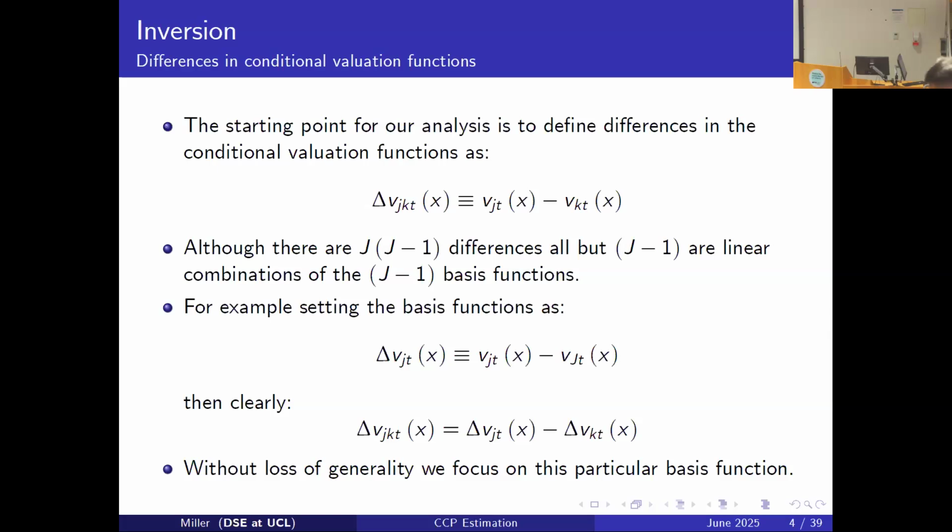They're going to be the same number of differences in conditional valuation functions as there are conditional choice probabilities. And so there is clearly a mapping from the conditional valuation functions to the probabilities, okay?